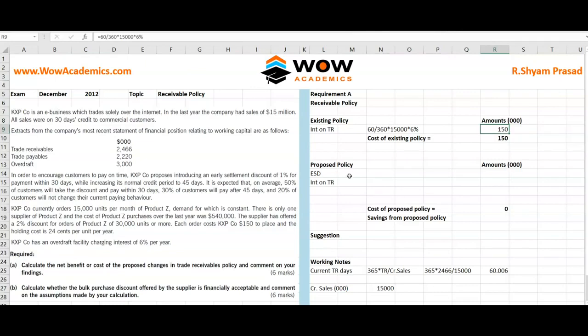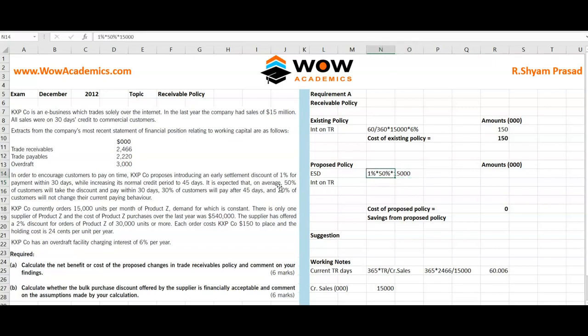So we'll now move on to the new policy. The new policy works like this. The discount that the customers will get is 1%, and only 50% of the customers are going to accept this, multiplied by the sales. These people are the ones who are going to get this discount.